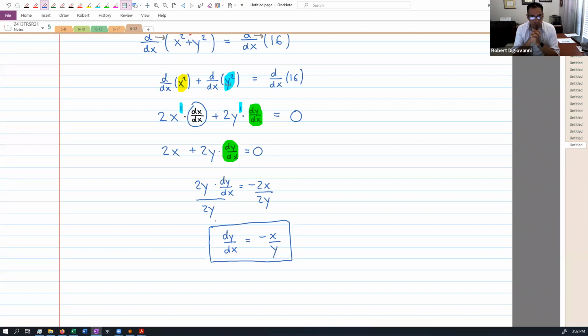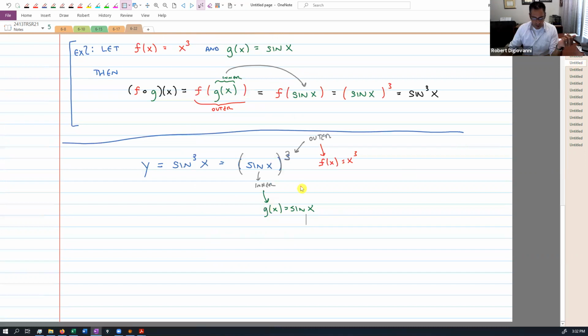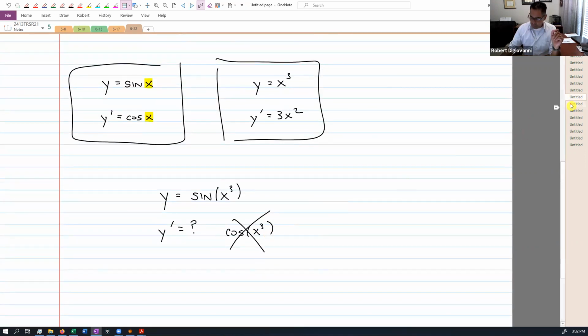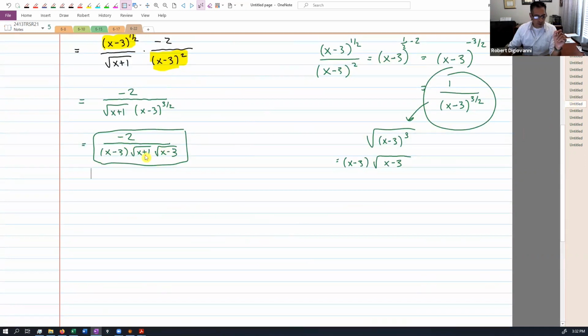If you go back and look at every problem we've done up to this point in this class, when we have taken a derivative, no matter what it's been, even today, our answers have always just had x's in them. Just x.